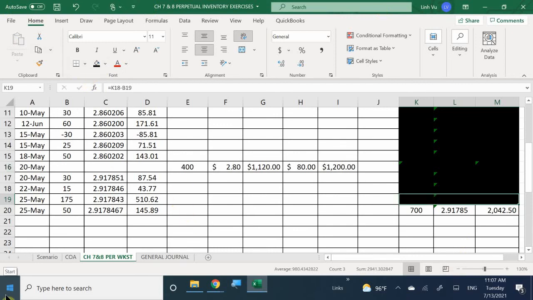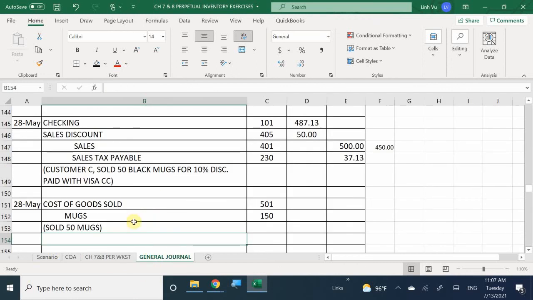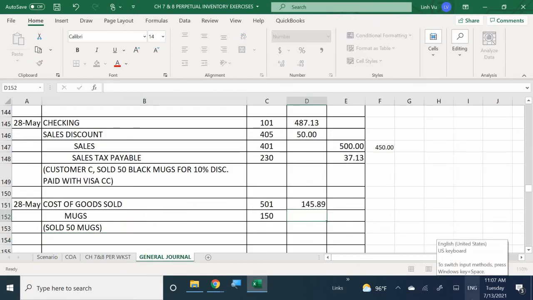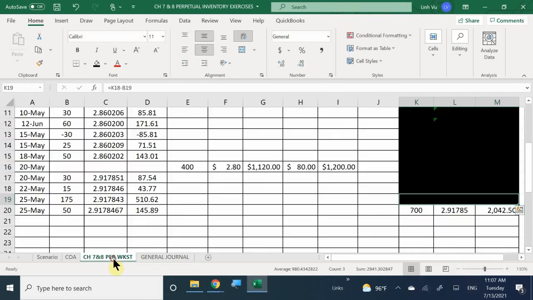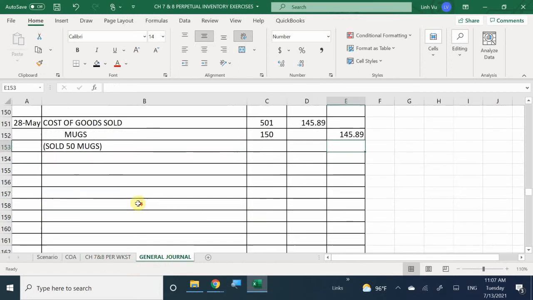Good. So we solved here that for selling 50 of those mugs, it cost me $145.89. So that's what we're going to put here, 145.89. Right?